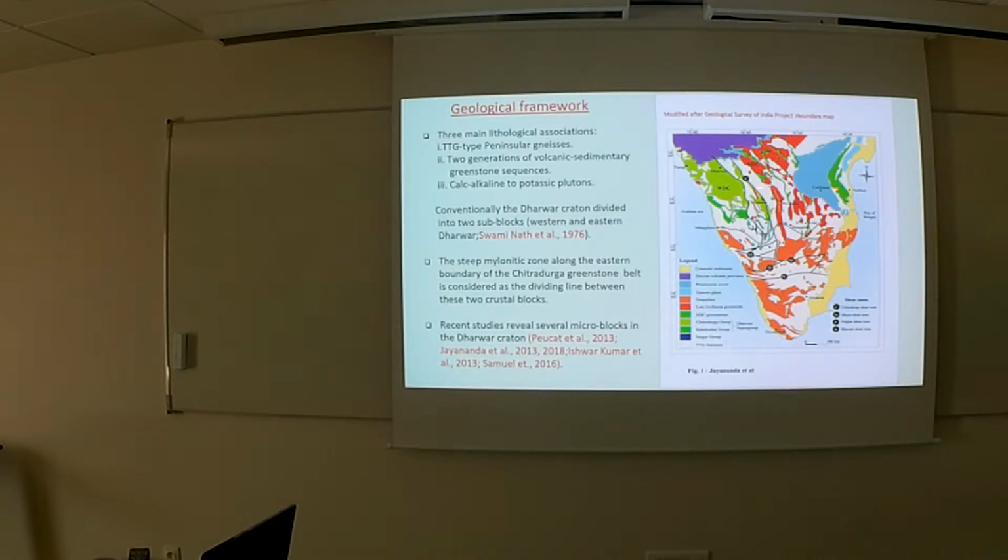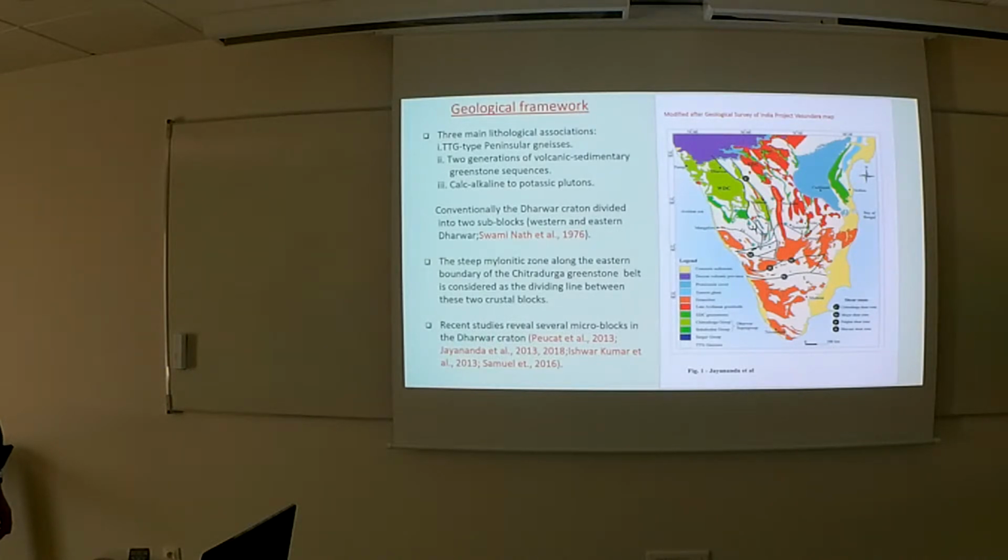Then this craton was conventionally divided into two blocks earlier. This was in 1976 when people started working. Based on the metamorphic grade and the abundance of the TTG-greenstone association, they divided the whole craton into two blocks, the western block and the eastern block.